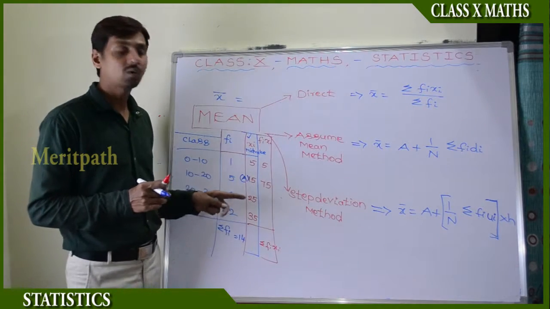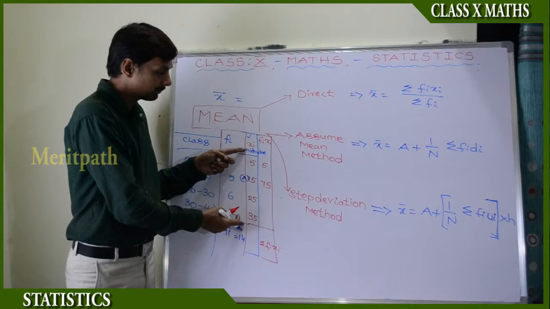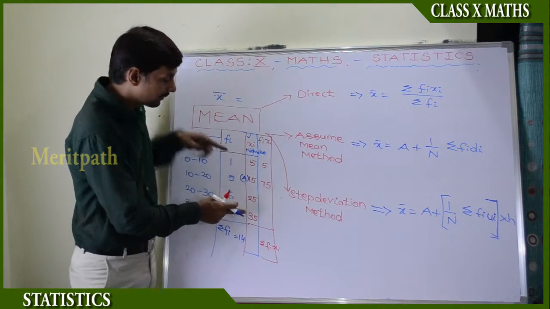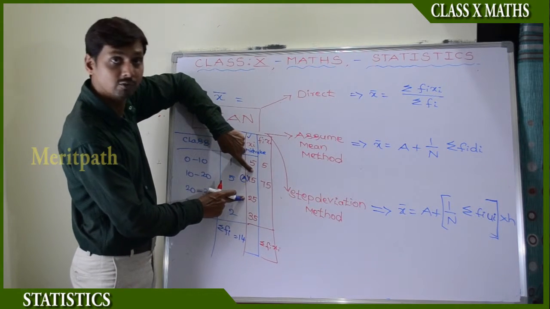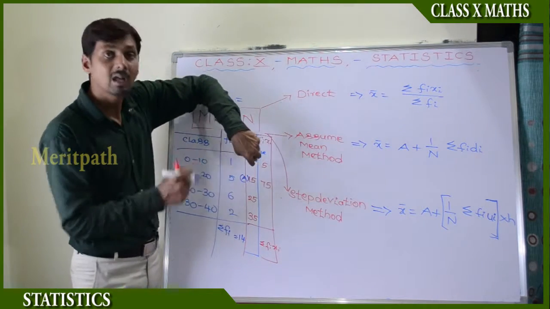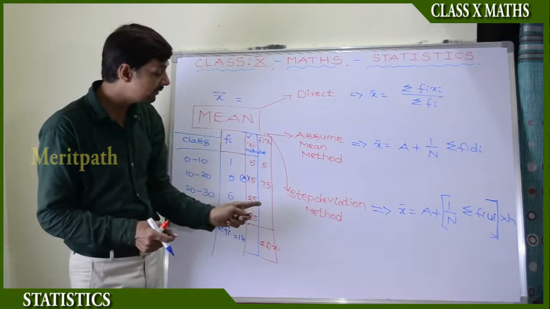In the mid values xi, we take the value in the middle of all the observations, but here there are two middle values, 15 and 25. Either we can take 15 or 25.